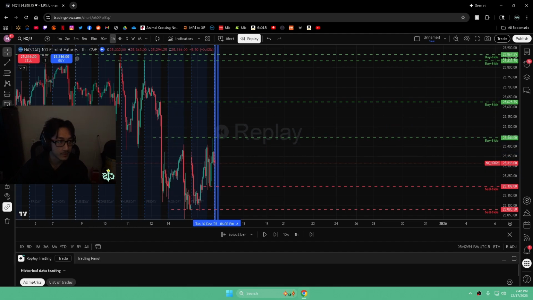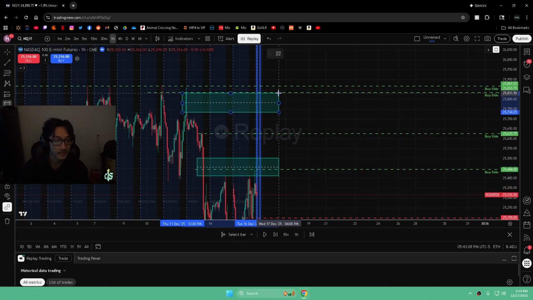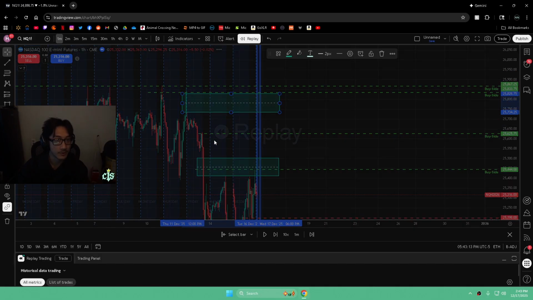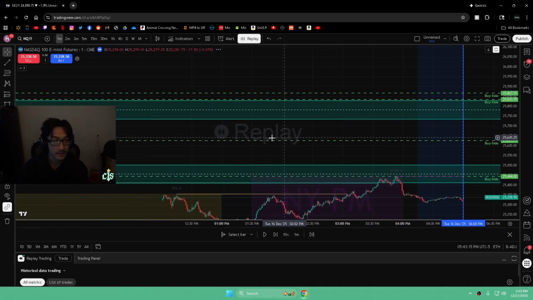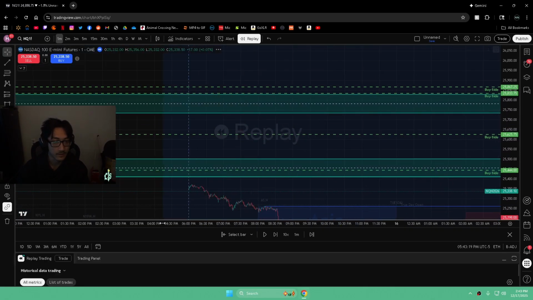But it wicked into it, so I'm just gonna consider the top of this wick right here to this wick an imbalance, right? Then we have this whole candle right here is imbalanced, right? You could do that whole candle, or we could go in to the 1 minute, take a look at it, and then just take a look at the gap it created.